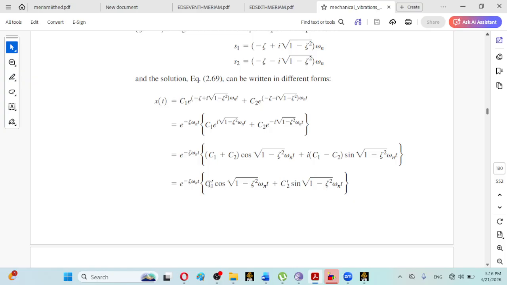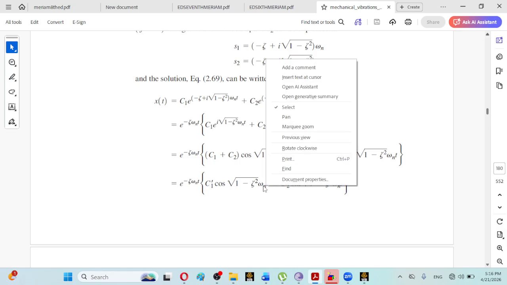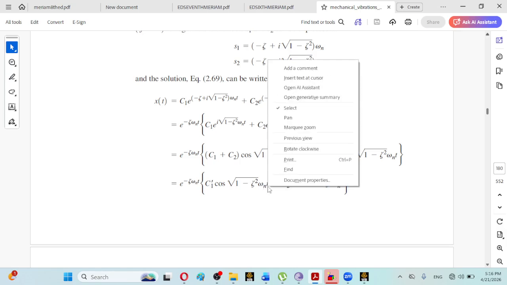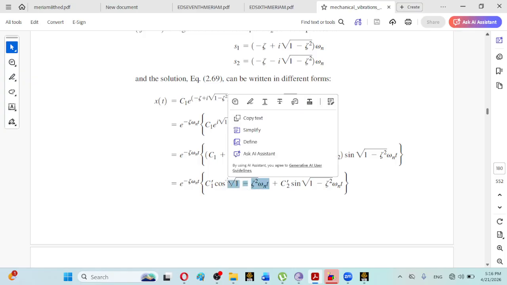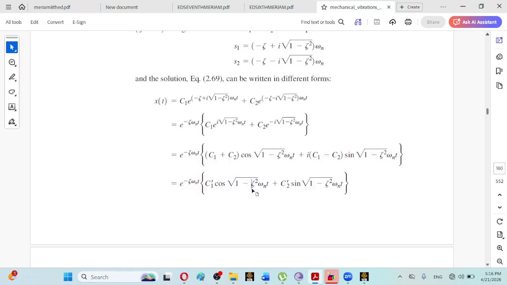As we are familiar, this is actually the damped frequency, and the damped amplitude will be less than the natural amplitude, but its amplitude will remain constant throughout the series.